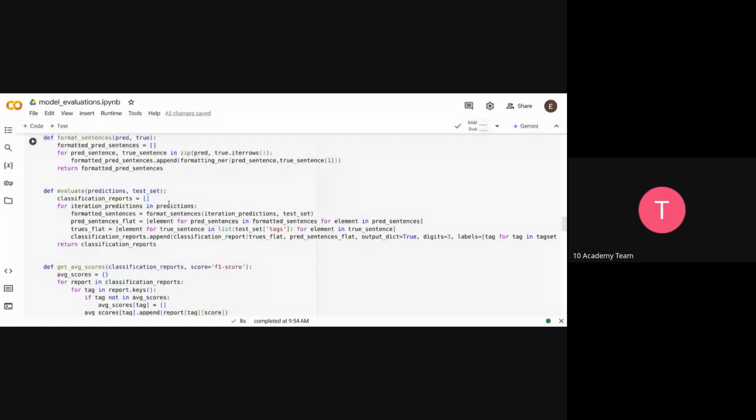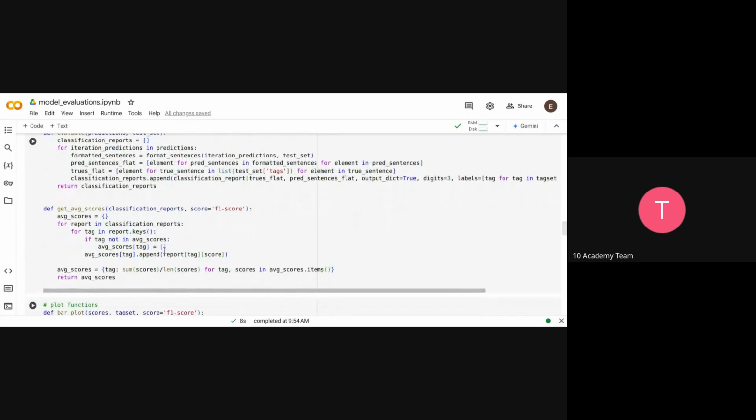And then I will evaluate basically, yeah, so the accuracy, can calculate the accuracy or other scores I want to have.